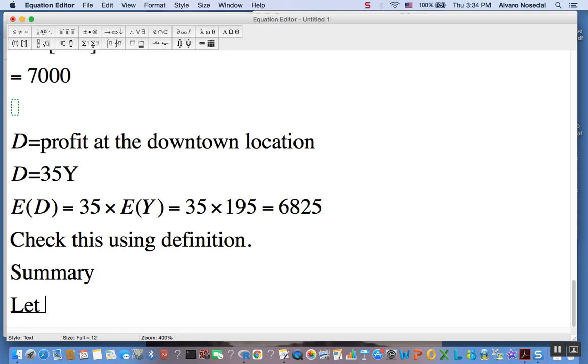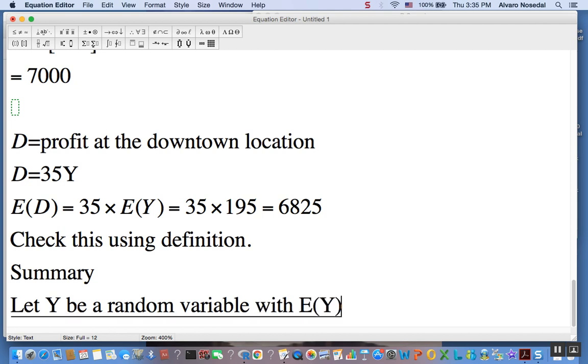Let y be a generic random variable with expected value. Let me use, in probability and statistics, we love using Greek letters. So to refer to the expected value, to the mean of our random variable, we're going to be using a lowercase Greek m, a mu. Okay?